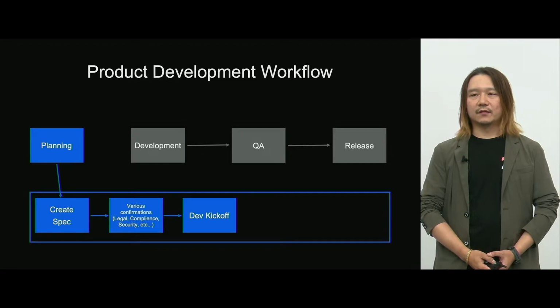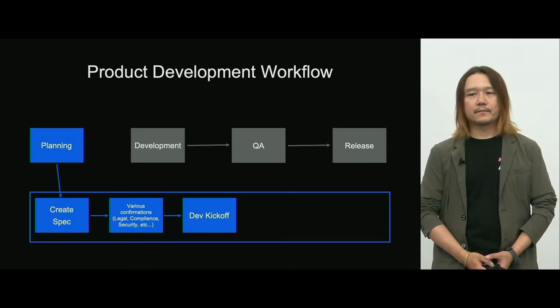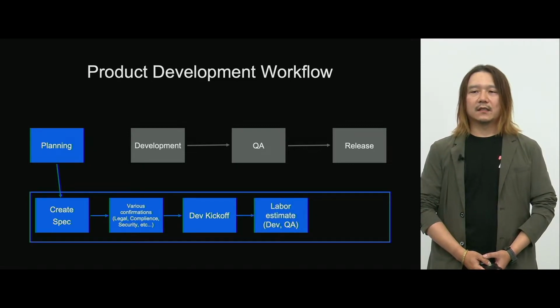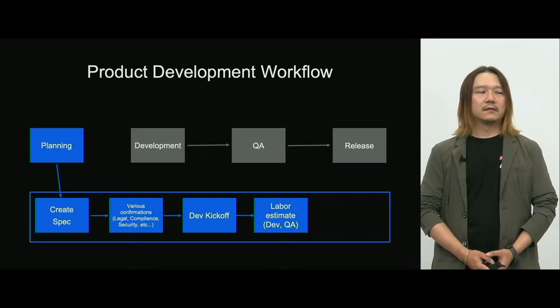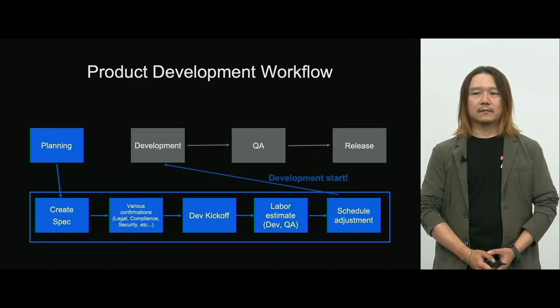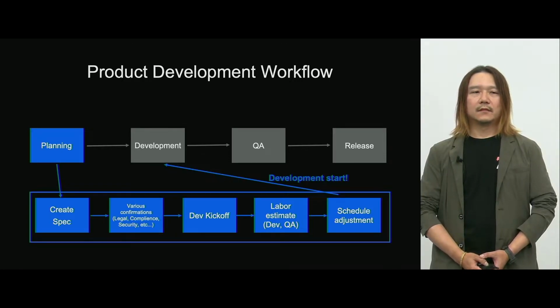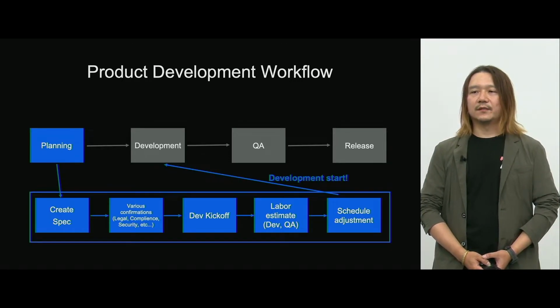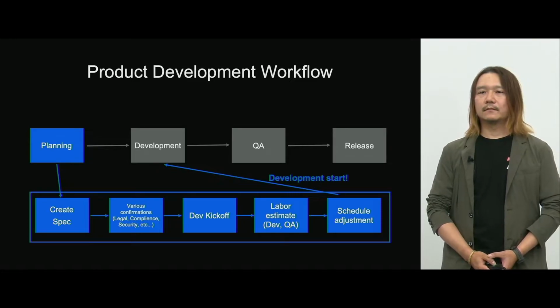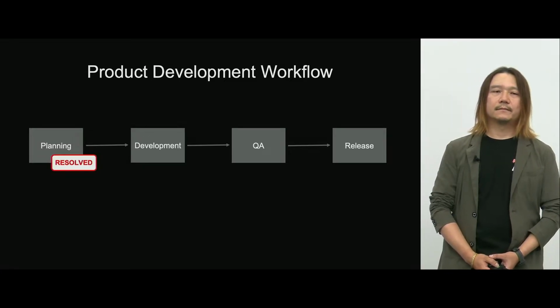Next, for development, we have to assemble development and QA members for a kickoff, and the objectives and the specifications for the plan were announced so that we can have a common understanding, and then estimate the efforts for development and QA. If estimation was over, we can adjust the schedule. That is the point when we can start development. As we organized the flow like this, planning members can understand what they were supposed to do prior to the development. Now, the planning phase is organized.